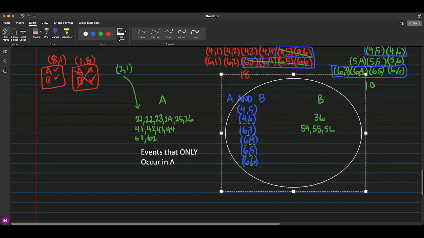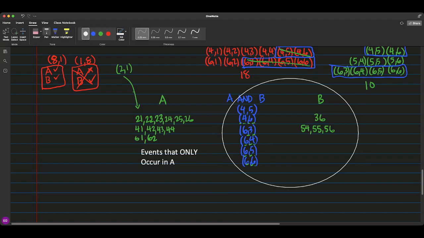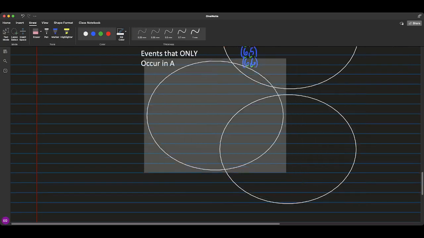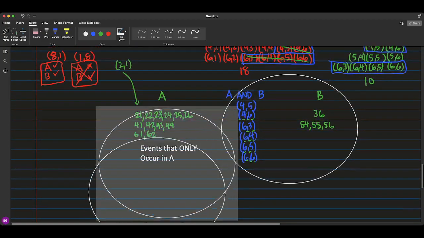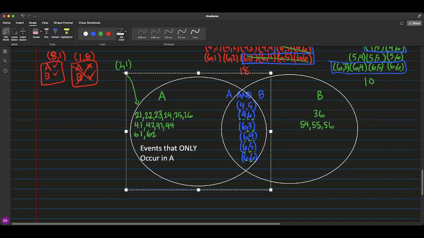So notice I have a circle around 3, 6, 5, 4, 5, 5, 5, 6, and 4, 5, 4, 6, 6, 3, 6, 4, 6, 5, 6, 6, because all of those are in B. Now I'm going to draw another circle. Actually, I'm just going to copy this one. And I'm going to put it around all the things that occur in A. Now, do you see how 4, 5, 4, 6, 6, 3, 6, 4, 6, 5, and 6, 6 are also in my second A circle, as well as 2, 1, 2, 2, 2, 3, 2, 4, 2, 5, 2, 6, and so on.